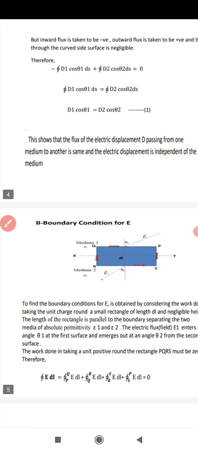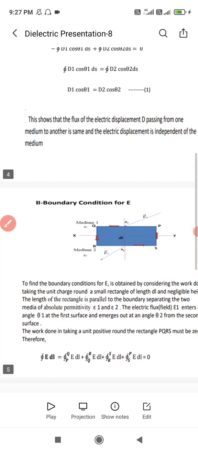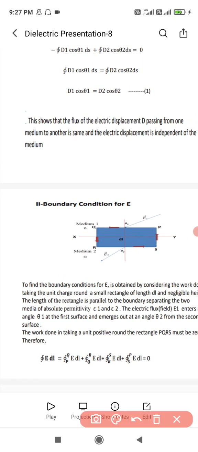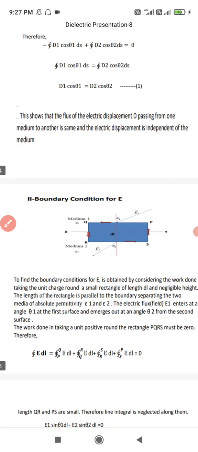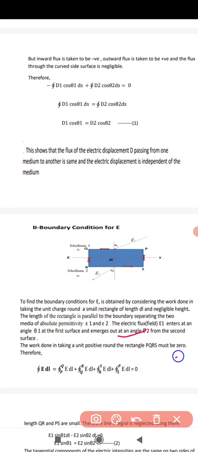The work done in taking a unit positive charge around the rectangle PQRS must be equal to 0.